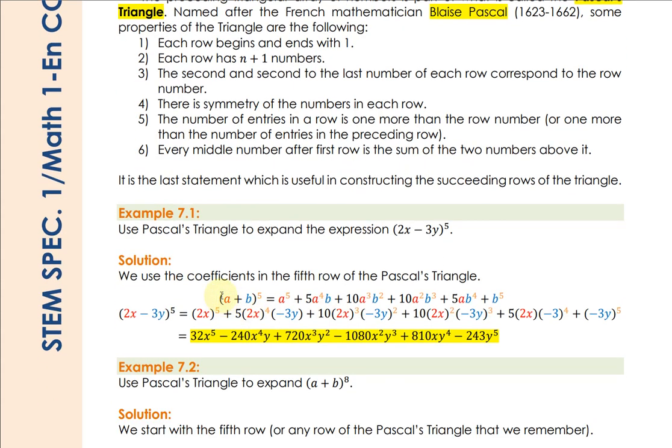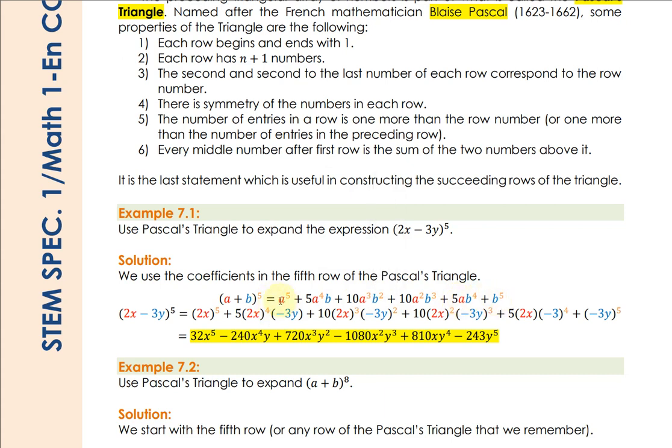So we have a plus b to the power of 5 is equal to 1, 5, 10, 10, 5, and 1. For the variables, we have a to the power of 5, then a to the power of 4, a to the power of 3, 2, 1, and 0.